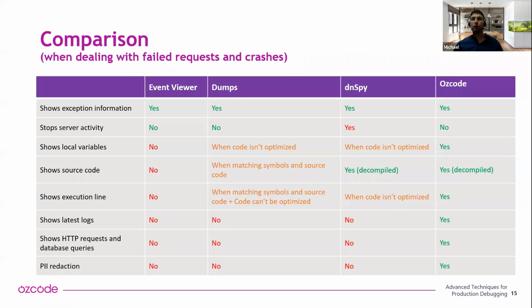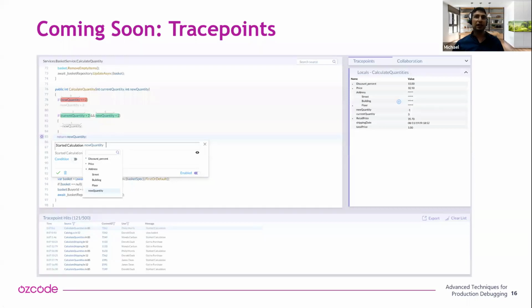Now, what I showed you about Ozcode is sort of half of the picture. The other half of the picture is the ability to use something we call trace points. I'm not going to show you today, maybe in a couple of webinars. But here, Ozcode allows you to place sort of breakpoints that don't break, or log points, if you will.